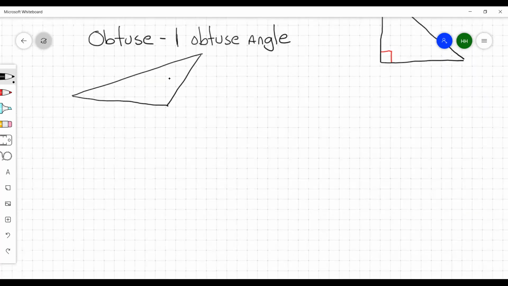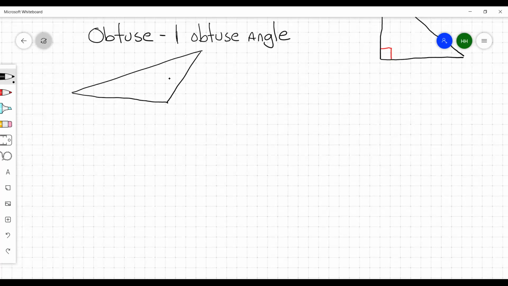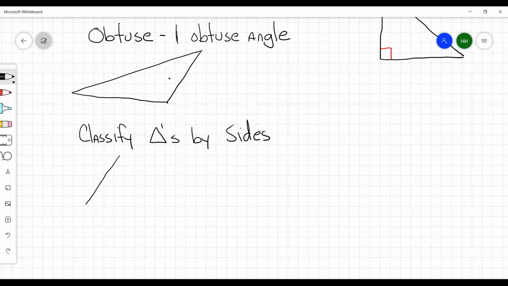Second thing you're going to do today is you're going to classify triangles by sides. And when you're classifying triangles by their side lengths, you've got 3 types of triangles. And the first one you have is called equilateral.